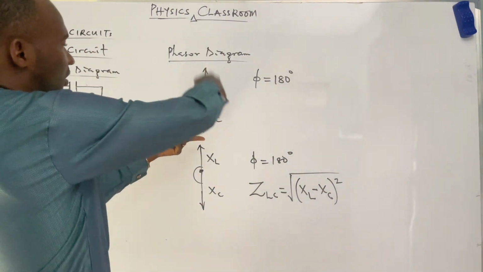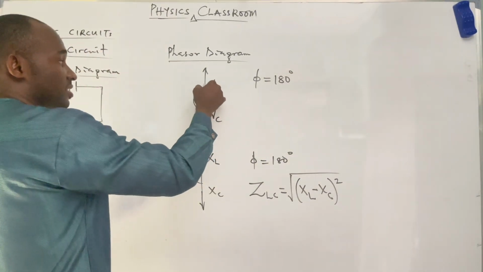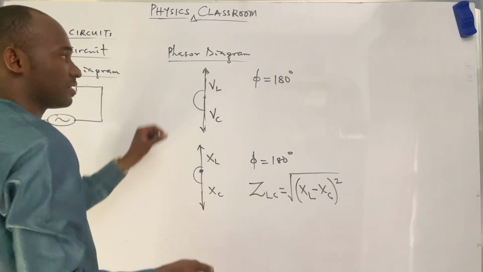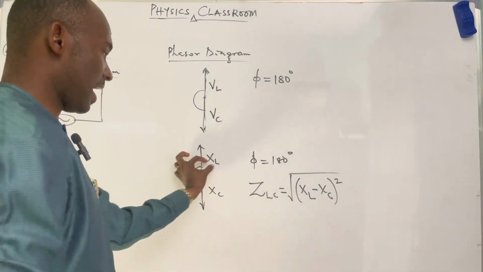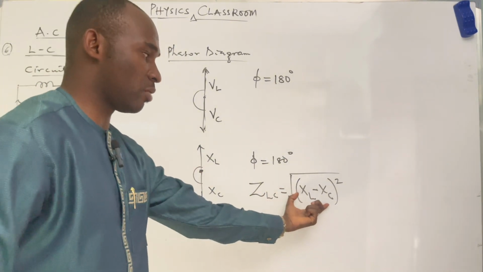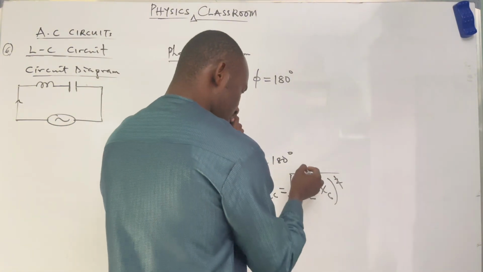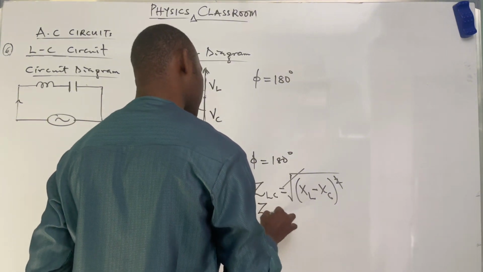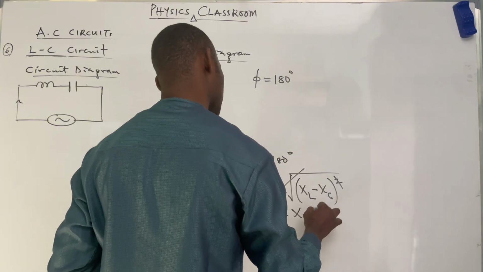If we consider this as a vertical axis, this is on the positive y-axis, while this is on the negative y-axis. So it is always what is up minus what is down, XL minus XC. That's how we arrived at this. So the square cancels the square root. Therefore, our ZLC will be equal to XL minus XC.